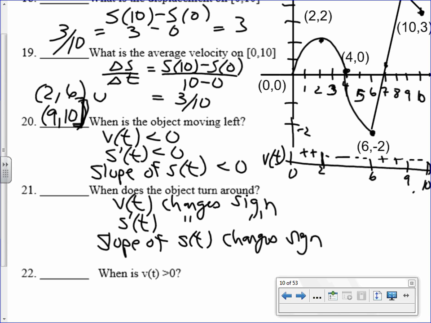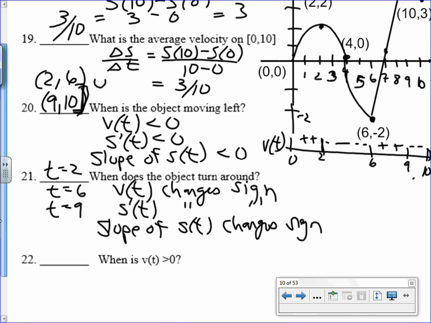All right, so we said we're looking for when the velocity changes sign. It changes sign at 2, 6, and 9. So at t equals 2, t equals 6, and t equals 9. That's when it turns around.